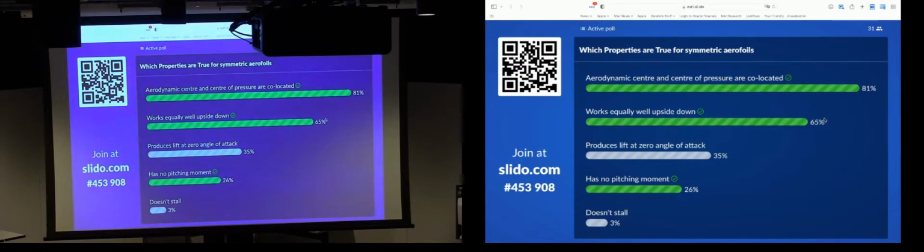Now, why is this a good thing? Why might you want something that doesn't move the center of pressure with ranges? Where might you want something like that if you're not going to do any more sophisticated control?